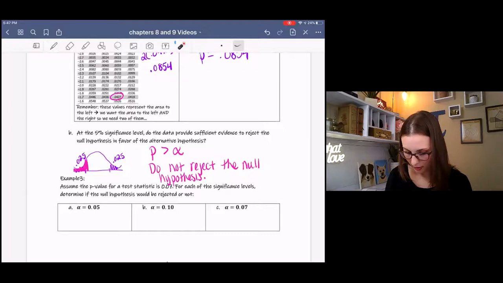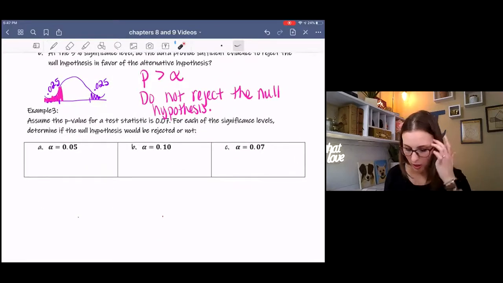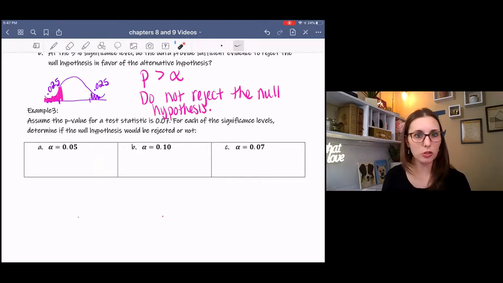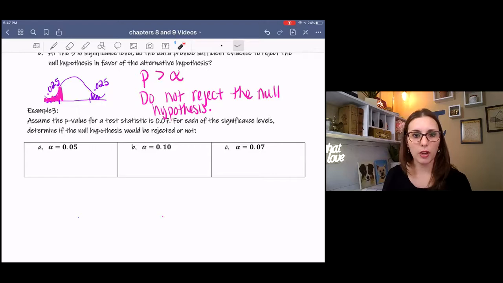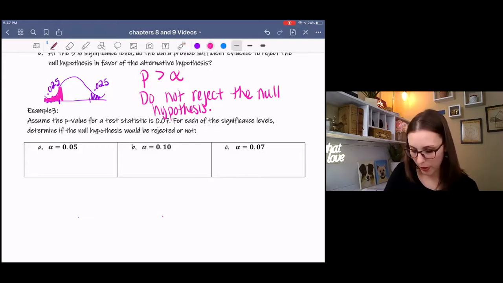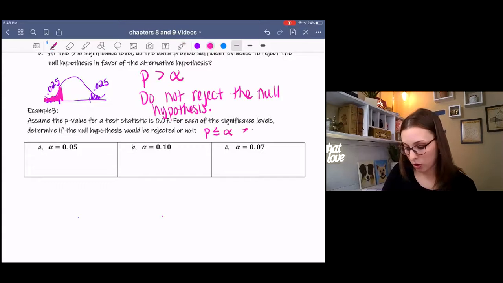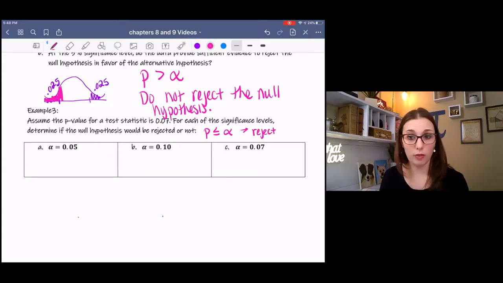Then I have a couple down here where we don't have right-tailed or left-tailed, because when you're comparing a p-value to an alpha value, you don't have to know which tail it is. We're just comparing values. So if p is less than or equal to alpha, then we reject, because it puts it in that rejection region wherever that is.